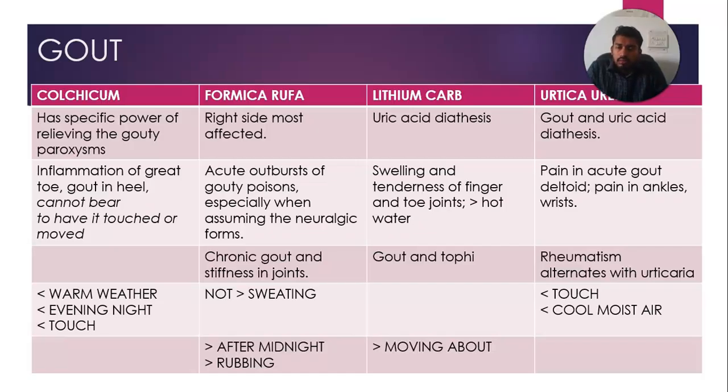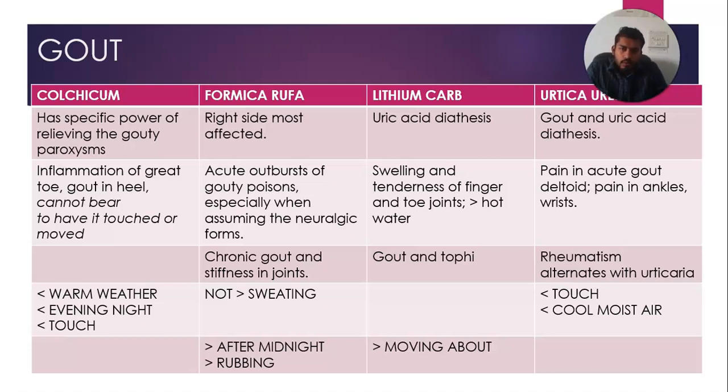Okay, so touch, evening, night, and warm weather. Arthritis in warm weather is a little characteristic. Usually arthritis or all the bone pains are aggravated in the winter time, but colchicum has warm weather aggravation, with evening, night aggravation, touch. So those are common symptoms.